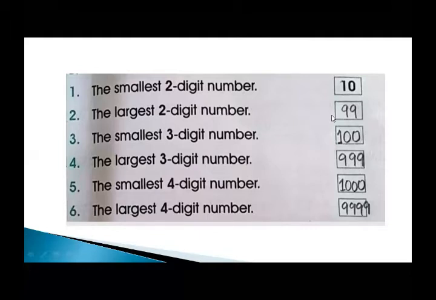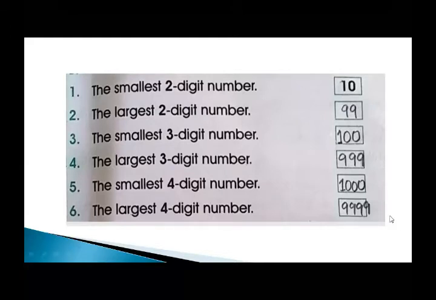What comes after 99? 100. So the smallest 3-digit number is 100. After that, the largest 3-digit number is 999. So what comes after 999? The smallest 4-digit number is 1000.